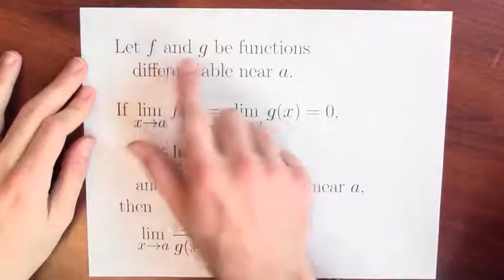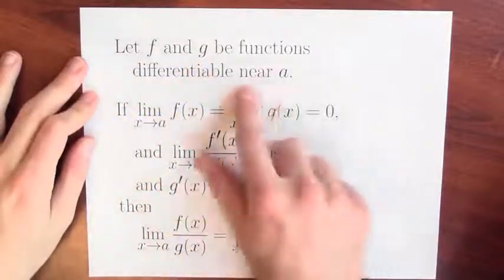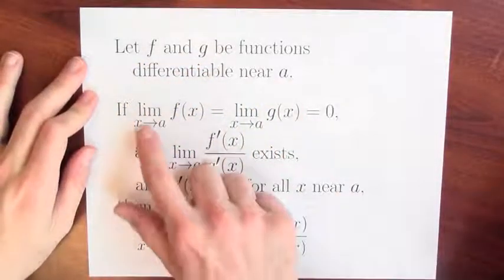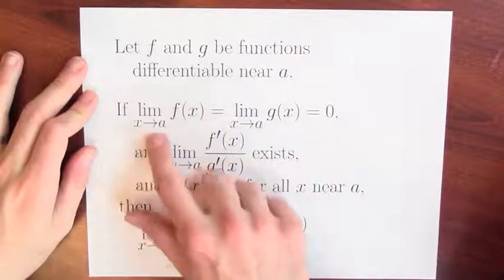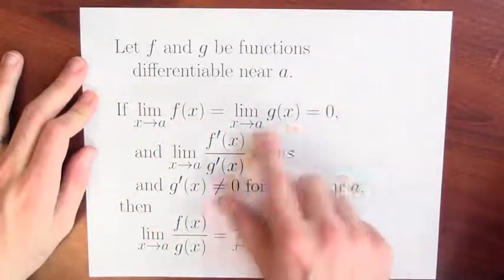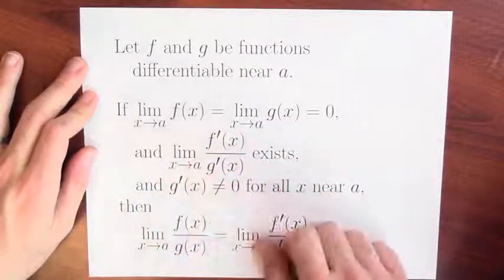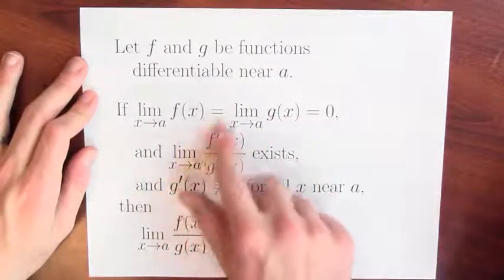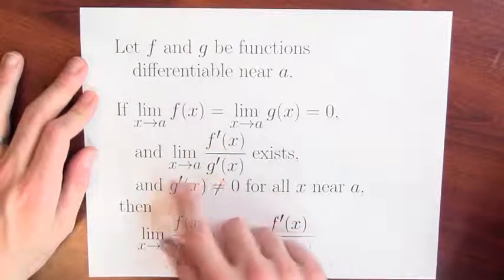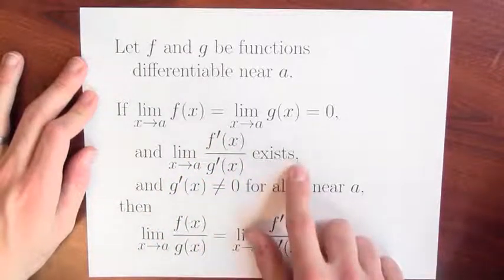Suppose I've got two functions f and g, and they're differentiable for inputs near a, and the limit of f of x and the limit of g of x as x approaches a are both 0. So these functions' outputs are very small when their input is close to a. And the limit of the derivative of f divided by the derivative of g as x approaches a just exists.